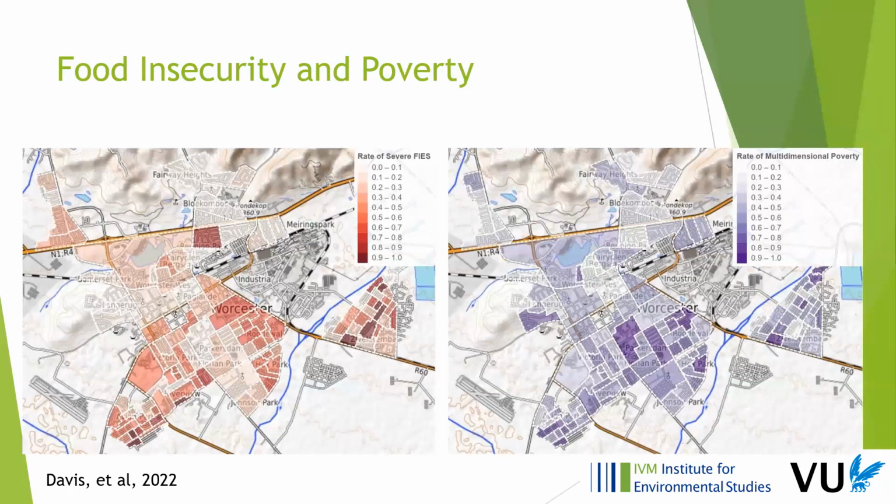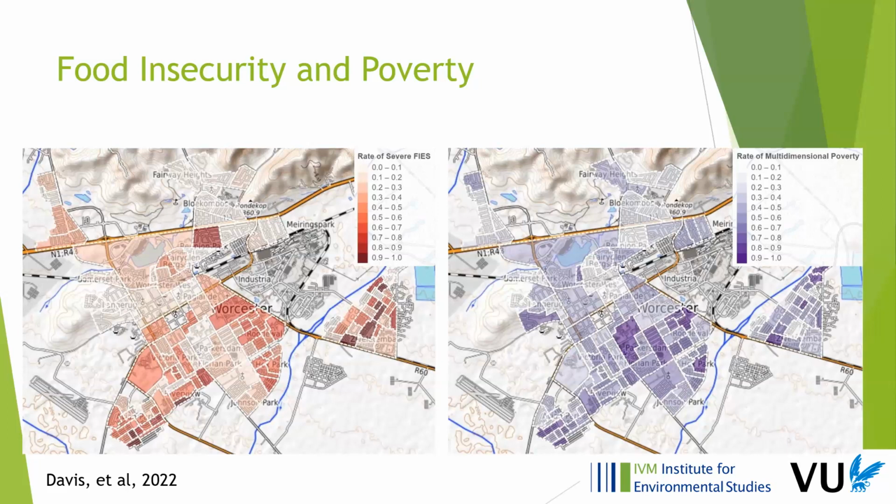Here is an example of aggregating data and being able to compare neighborhoods. Here on the left, we see an aggregation of food insecurity and the different levels of food insecurity, from 0 being not as severe to 1 being very severe.